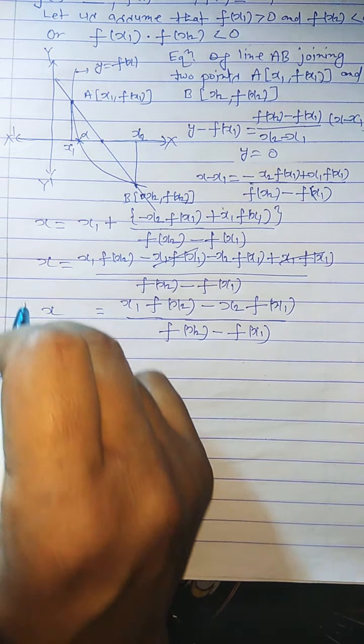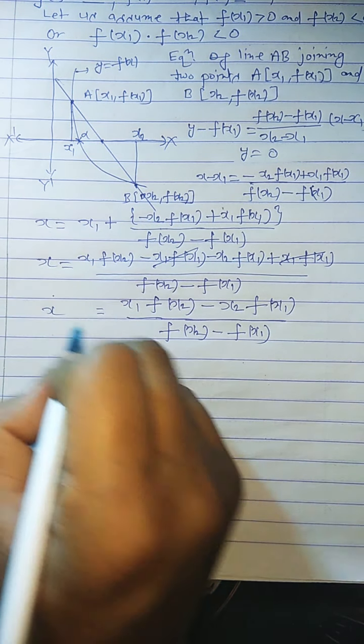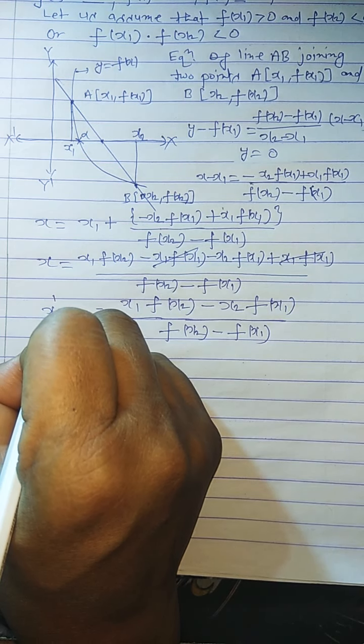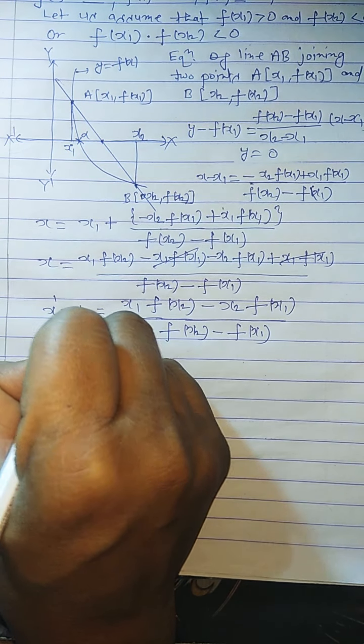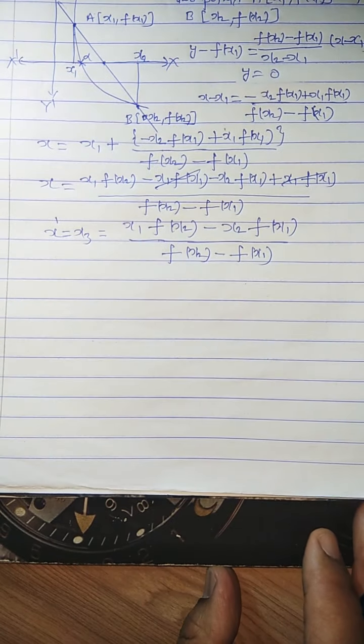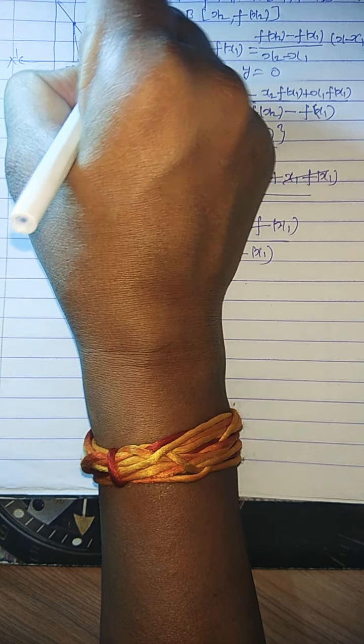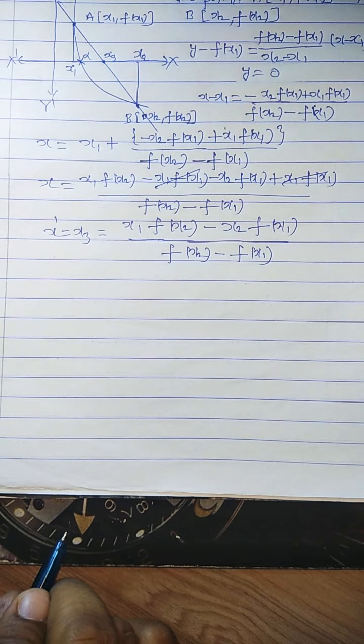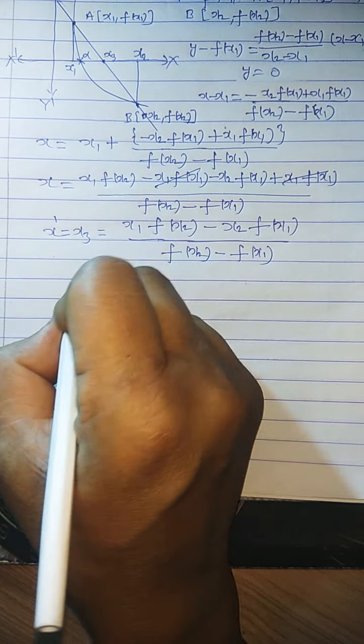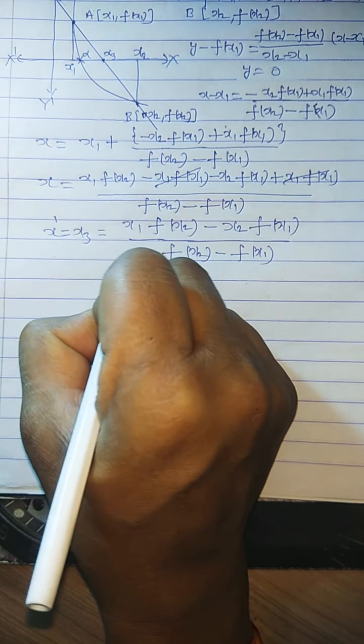This is called the first approximated root, x dash, or we can say x3. Next we find the value of the function at this point.